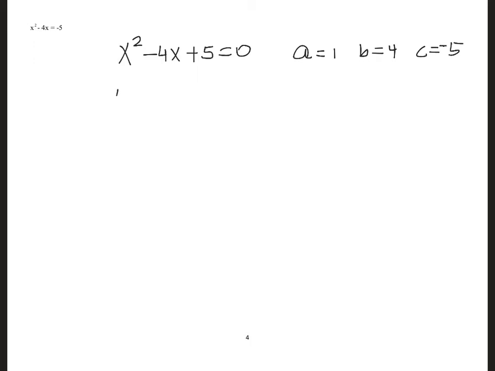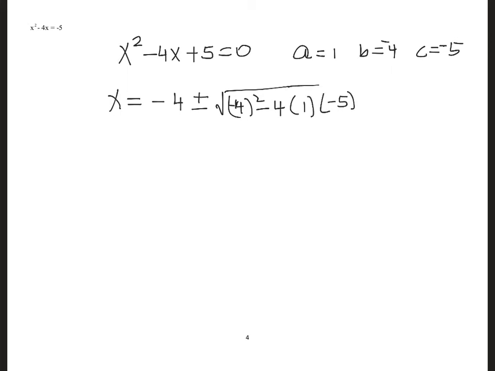Okay, we simplify, we solve it. x is equal to minus 4 plus or minus the square root of b squared. So b is minus 4. So this is going to be minus 4 squared minus 4 times 1 times negative 5. And everything divided by 2 times 1.